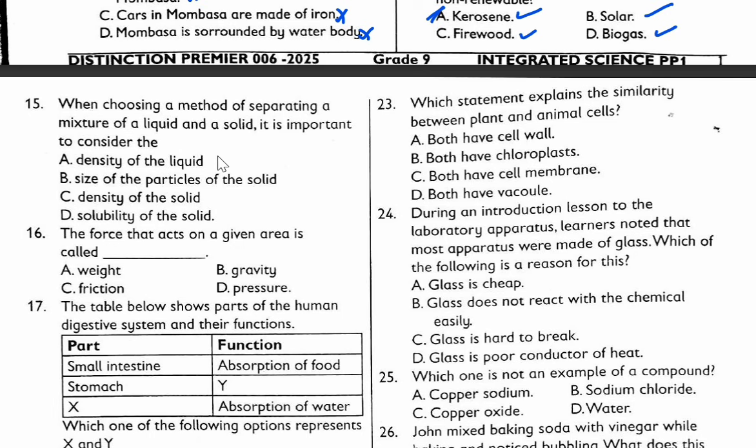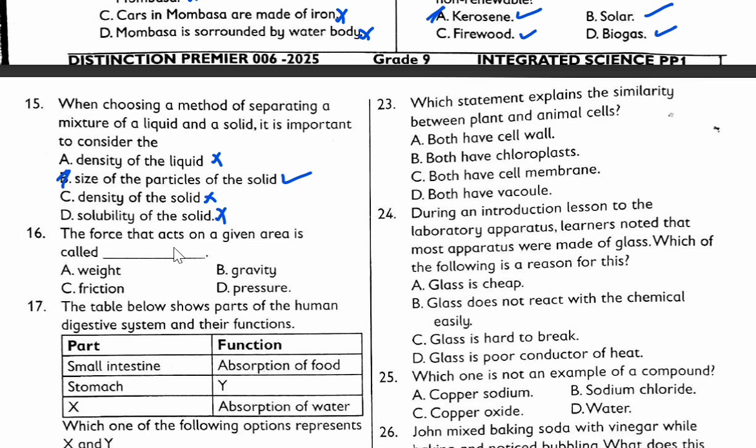Density is not important, and also the density of the solid doesn't matter. What about D, solubility of the solid? If the solid dissolves, it is no longer a simple mixture, and therefore this is not the correct option. The correct option is B, size of the particles of the solid is an important factor to consider, and therefore the answer is B.